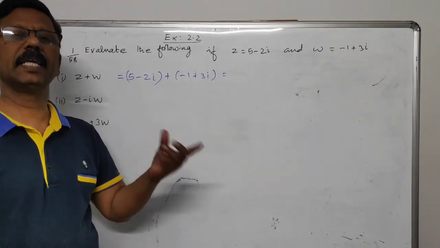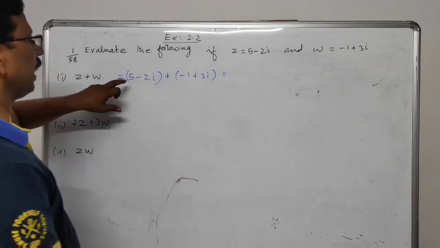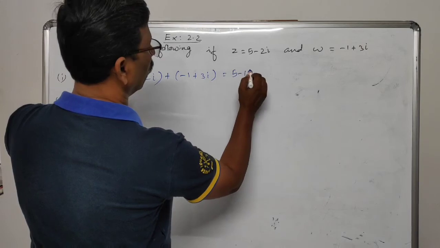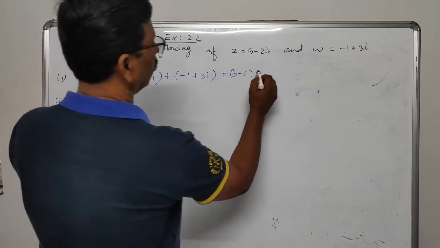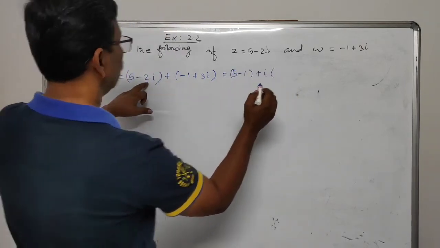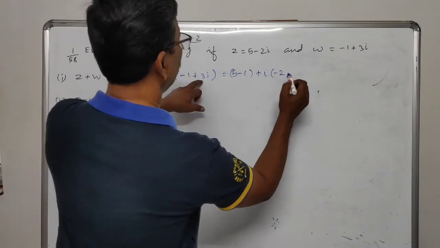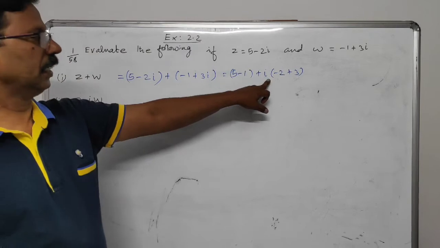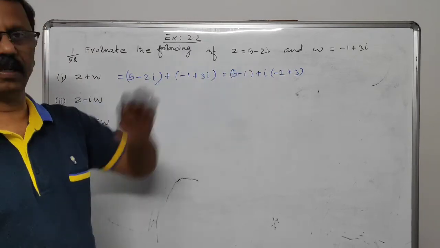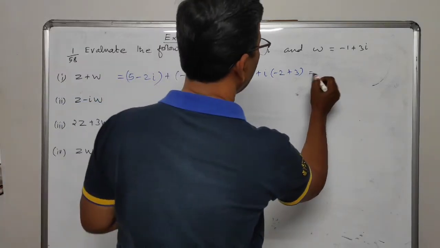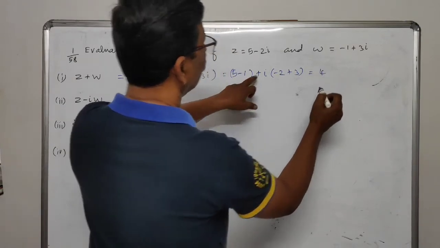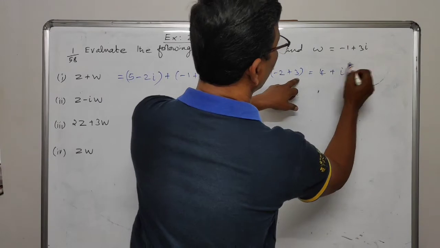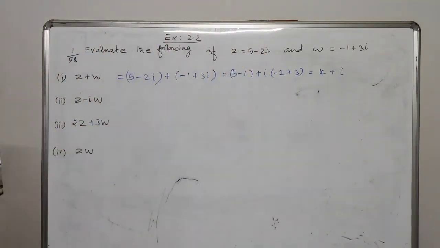You have to add their corresponding parts, that is, add real part with real part, so 5 minus 1, then plus i into minus 2 plus 3, adding the imaginary part with the imaginary part. Now 5 minus 1 equals 4, then minus 2 plus 3 equals 1, so plus 1i. That is, it becomes 4 plus i.